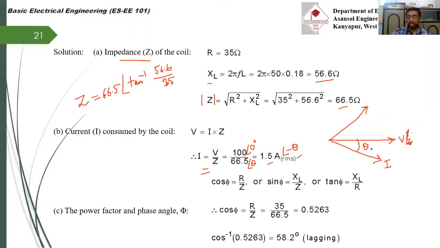Power factor you can calculate as cos theta. So either you find out the ratio of R by Z, or here you can find out the angle theta. So just the cosine of this angle will give you this. Okay, so the total system is lagging in nature. So it is matching with your concept, that is, if an inductor is present in the circuit, the voltage will always lead the current, or the current will always lag the voltage.